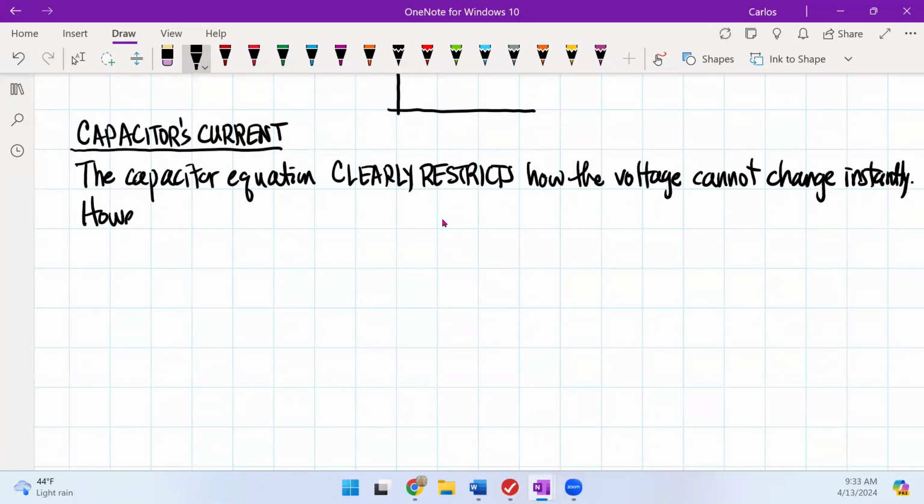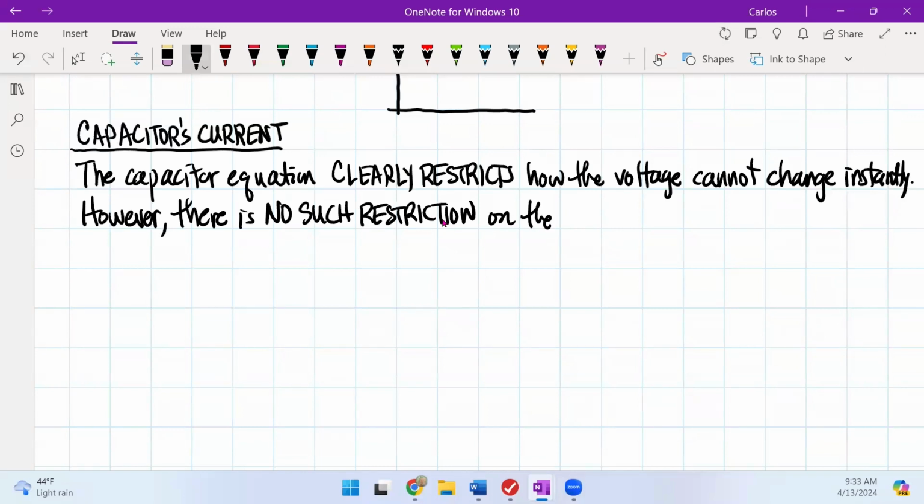However, there is no such restriction on the current changing instantly.